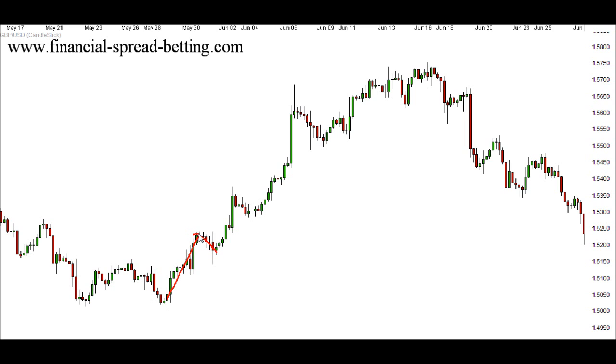So when price changes from a push to a pullback, that's our high. A push and a pullback, there's our high. A push, a pullback, there's our high. A push, price then pulls back, and there's our high.